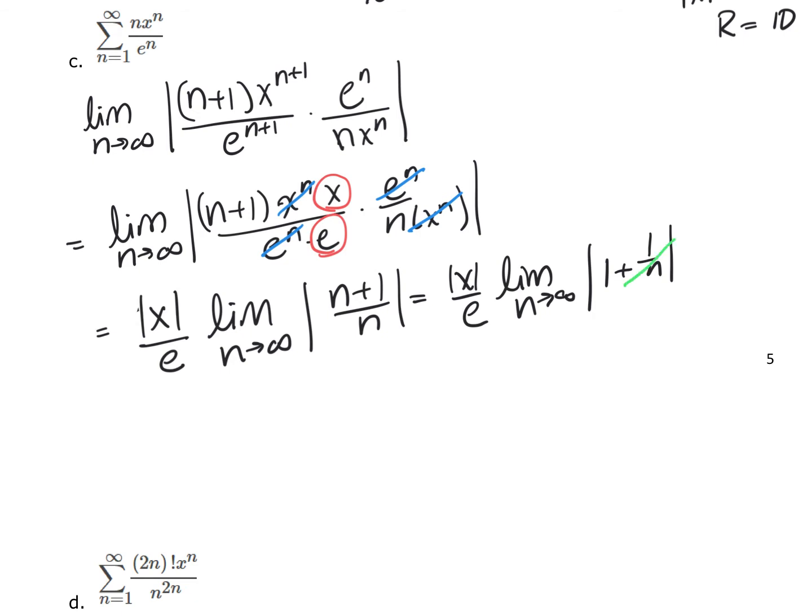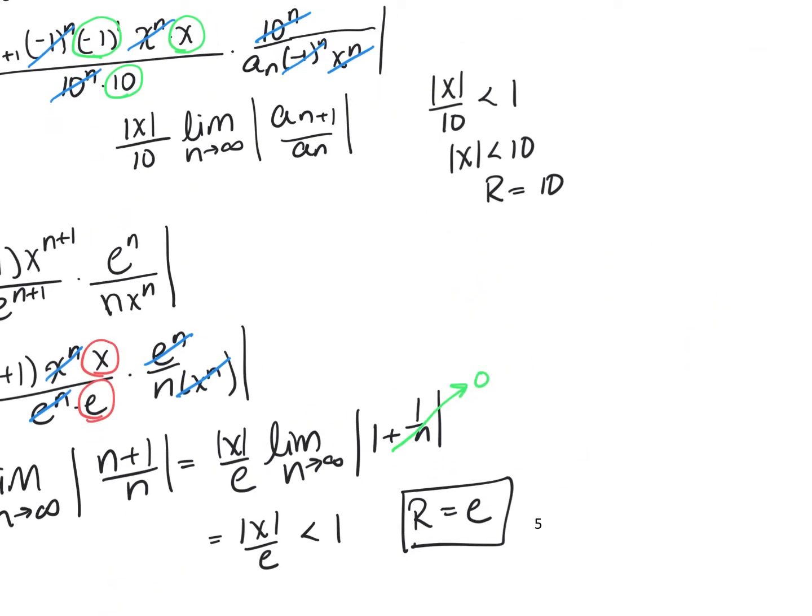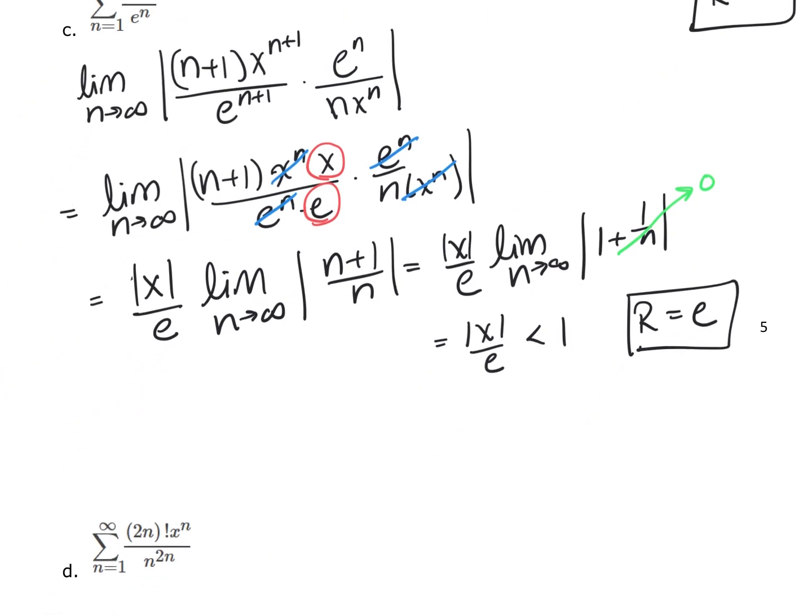Now we know as n gets very large, the second term inside the absolute value will go to 0. So this is equal to the absolute value of x over e, which has to be less than 1 for this to converge, which tells me that my r is equal to e. It's my radius of convergence. Up here was my radius of convergence.